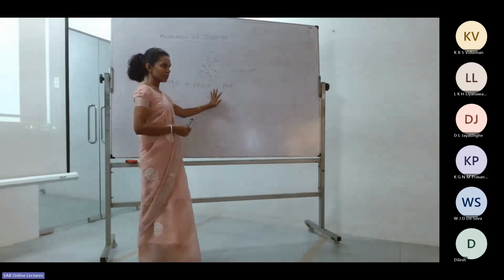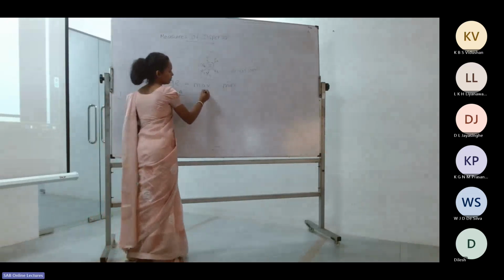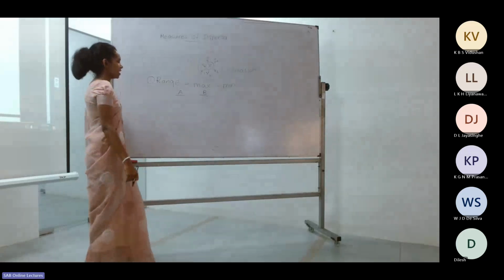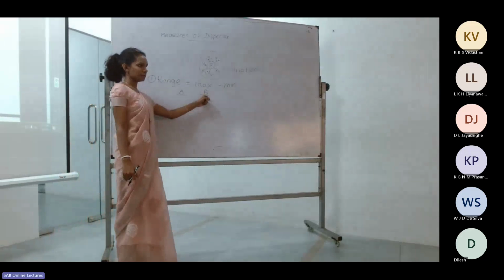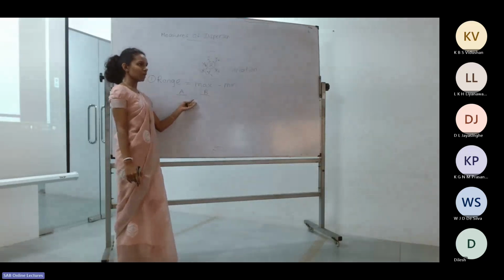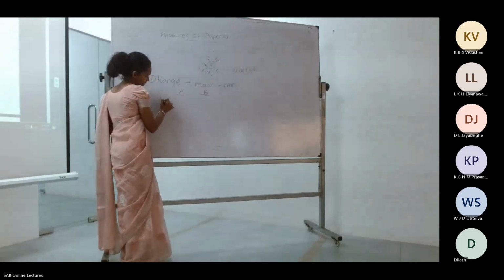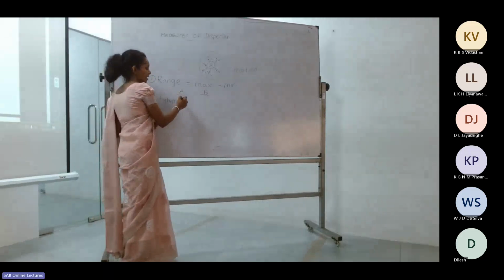It's clear? Okay. Assume there are two groups, A and B. Think these are the two classes, class A and class B. All the students sit an examination. After that they identify the highest mark in class A is 90.